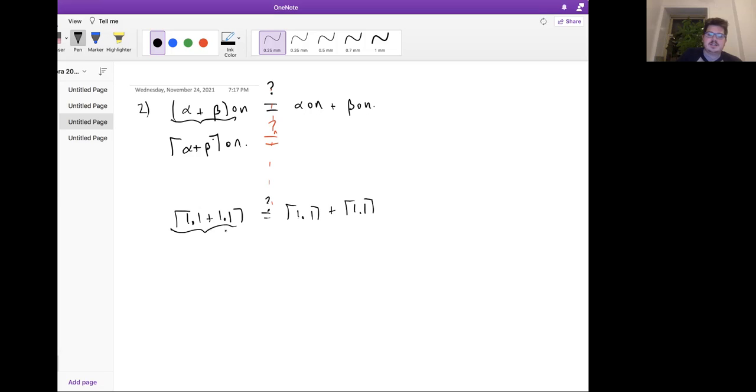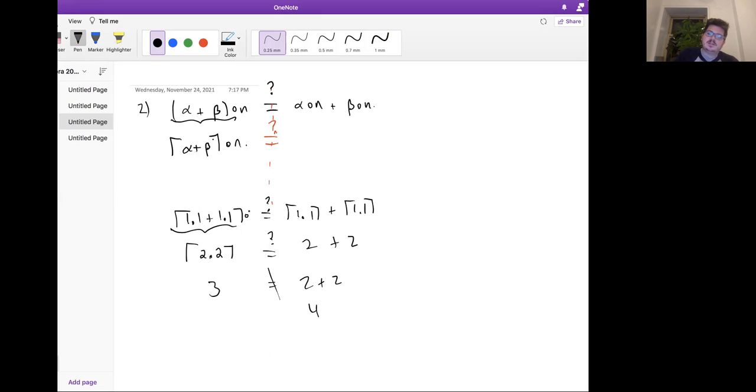Okay, so what is this? This is ceiling of 2.2. And what is the ceiling of 1.1? 2. Yeah, so this is 3. This is 2 plus 2 is 4. So we found a counterexample. And what would the n be?